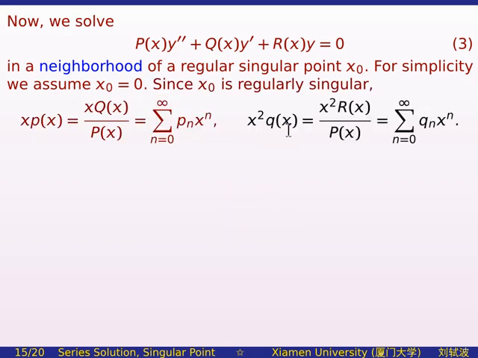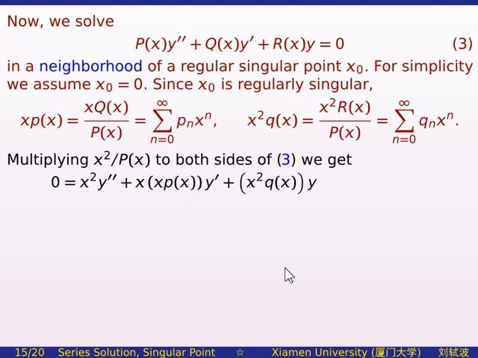Similarly, x squared R(x) over P(x), which we denote by small q(x), can be expanded as a power series. That is, both this function and xp(x) are analytic. This is precisely the meaning of the fact that x0 is a regular singular point. So we have these two power series expansions.